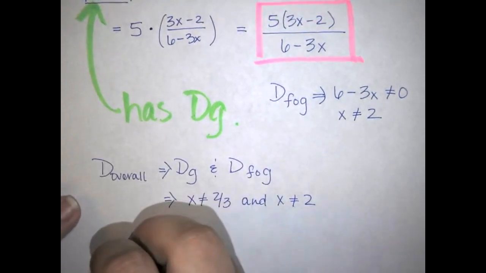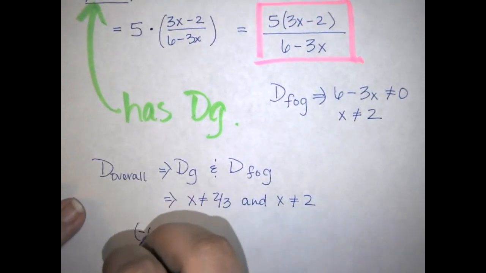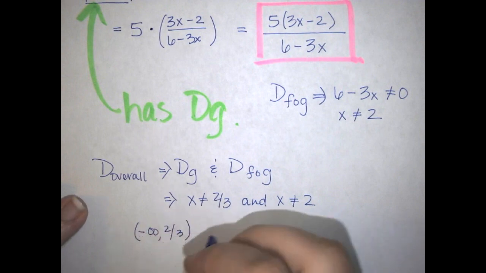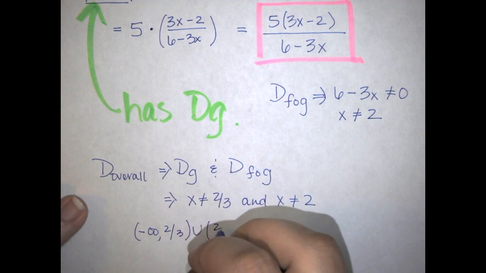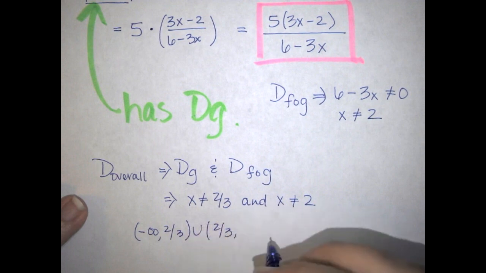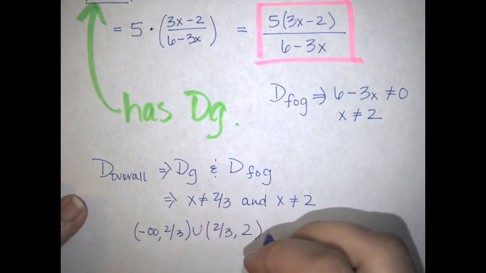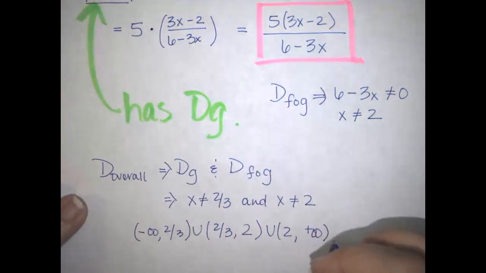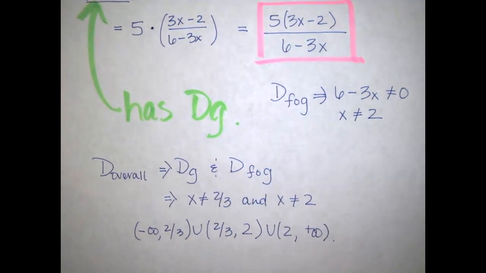So therefore my domain here is going to be negative infinity to 2/3 union 2/3 to 2 union 2 to positive infinity. And that is the domain for this one. Okay?